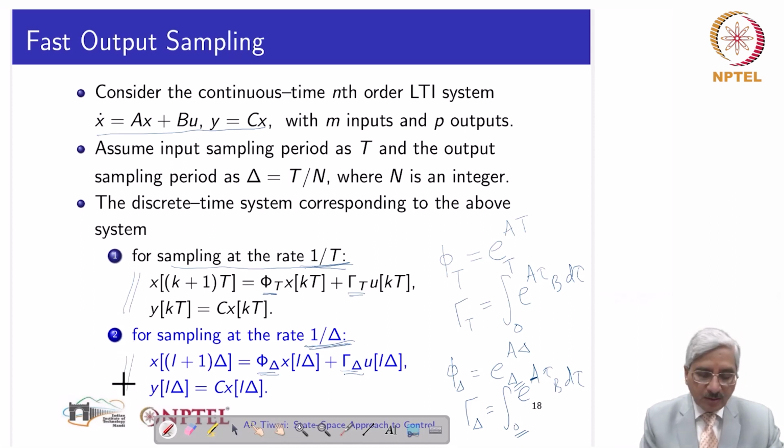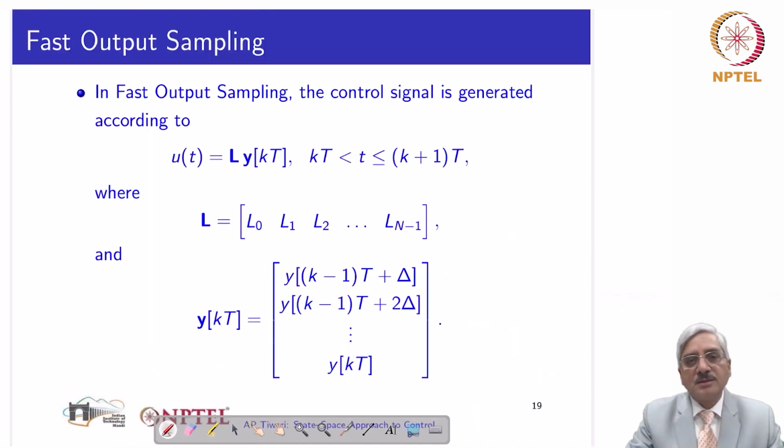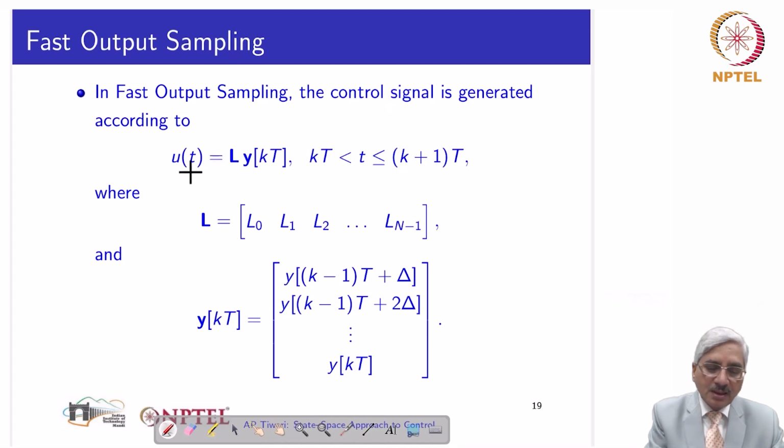This is our starting point from which we will derive the equations for the fast output sampling controller. Now in this case, the control signal is generated according to this control law.